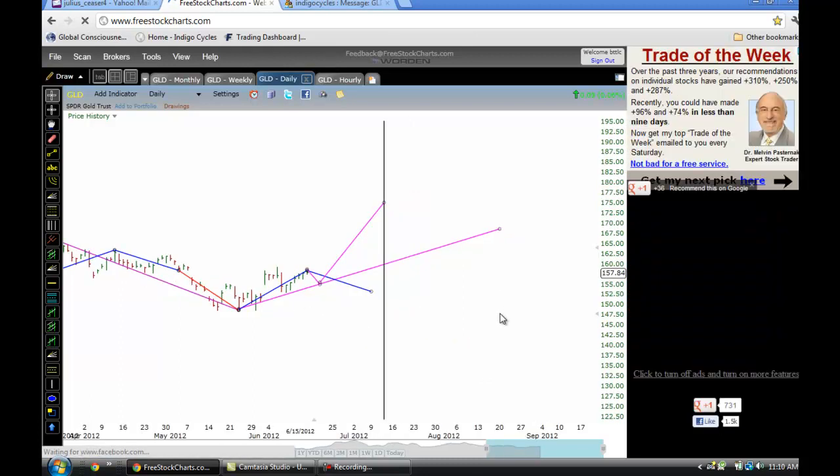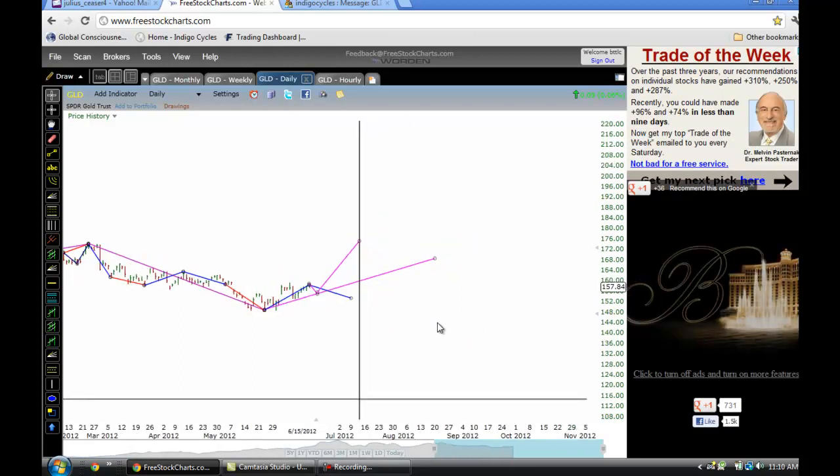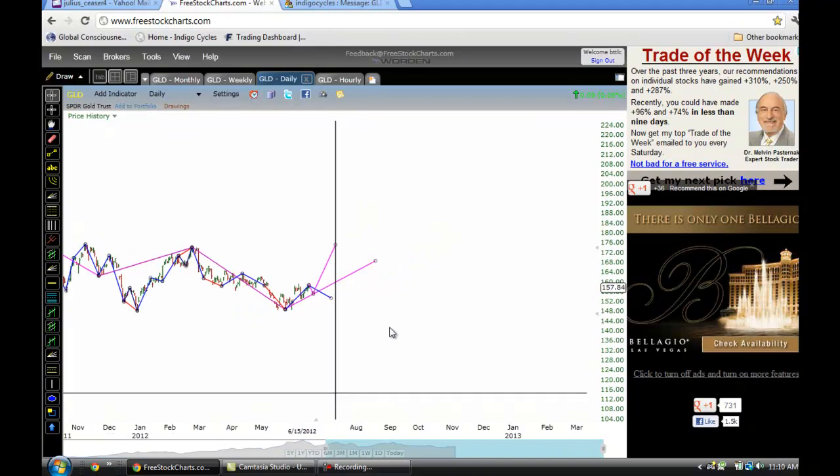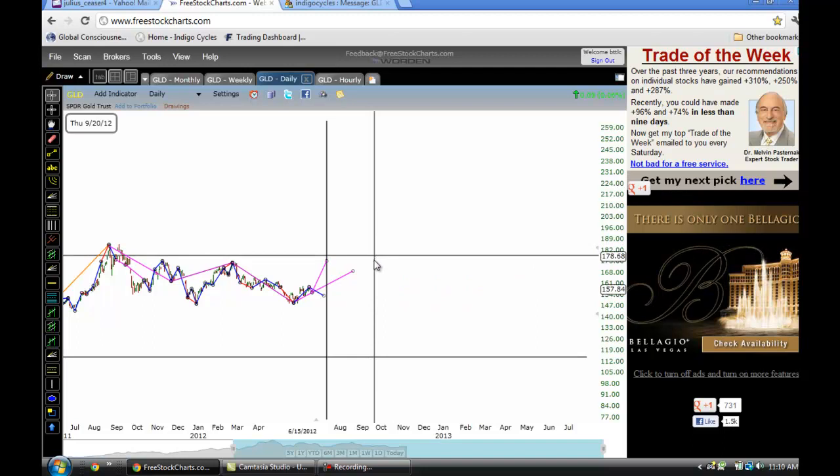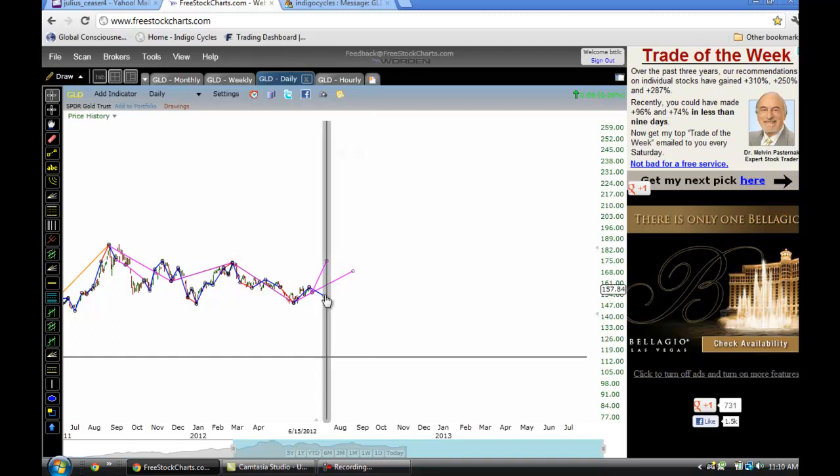One of the things I can do with this is back up a little bit and get an idea on price, which I like. Just looking right in here, about 176. 176.40 is what we'll say on there. Zoom back in.